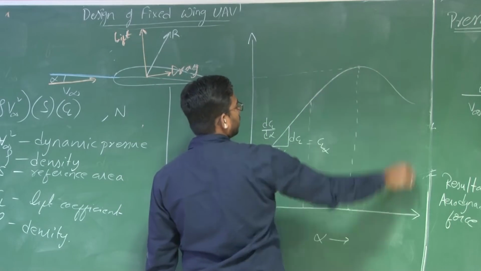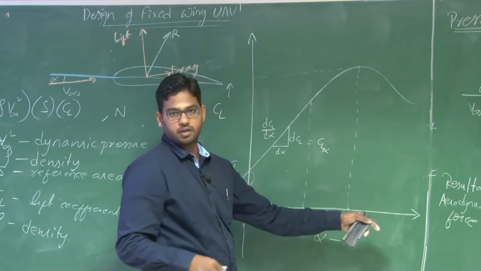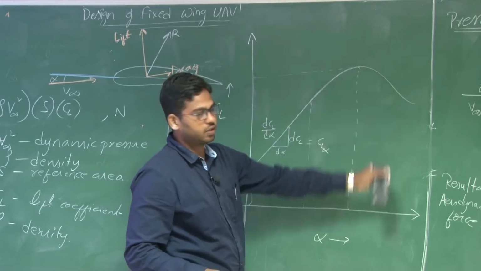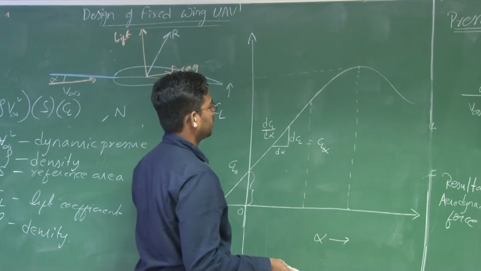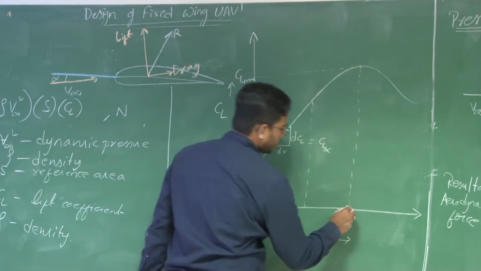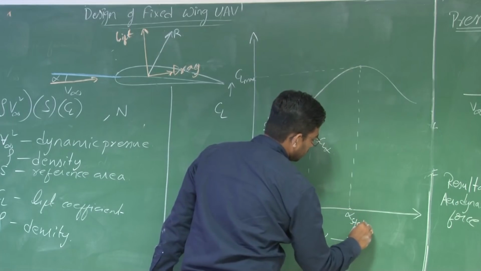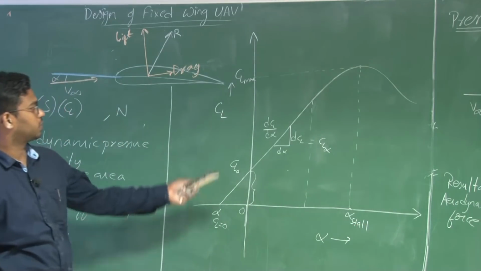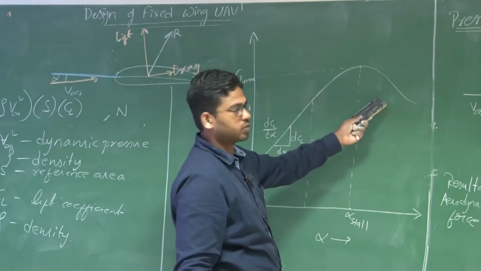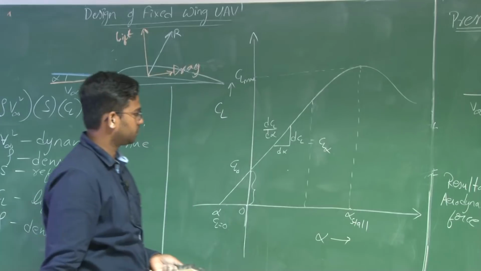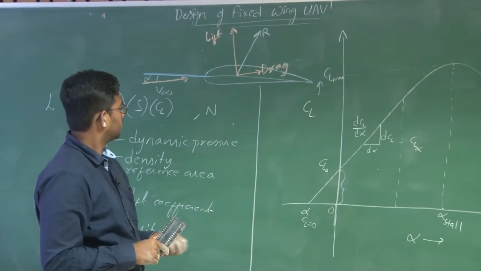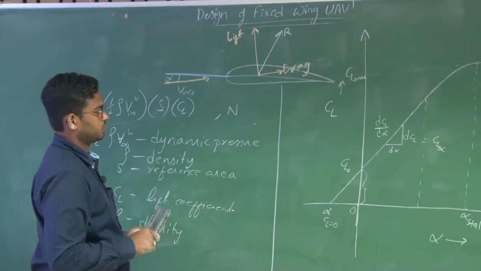Beyond that CL max point, the lift suddenly starts dropping. This point is known as alpha stall, the angle of attack at which CL is maximum. Beyond stall, you will start losing lift and drag will increase. We will see how the drag increases.